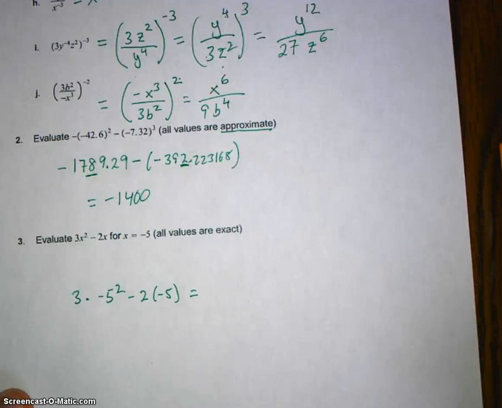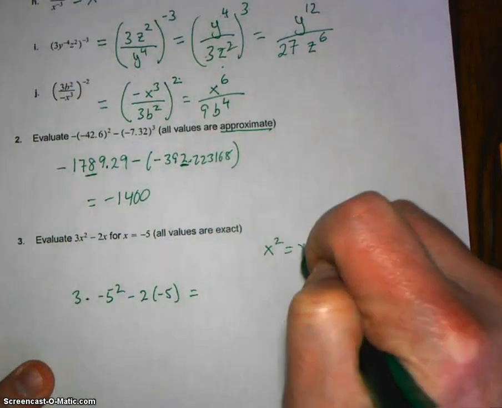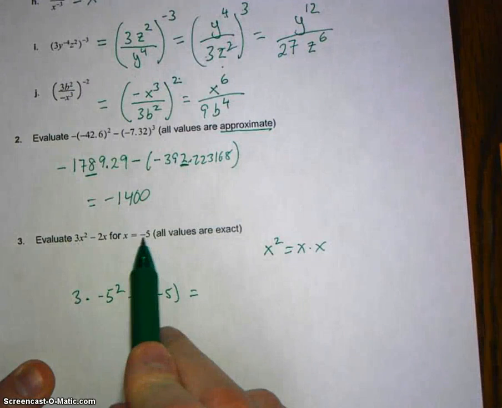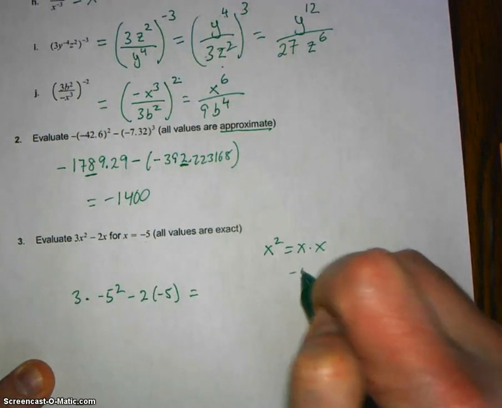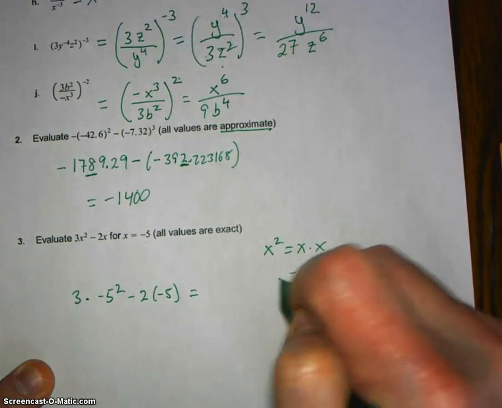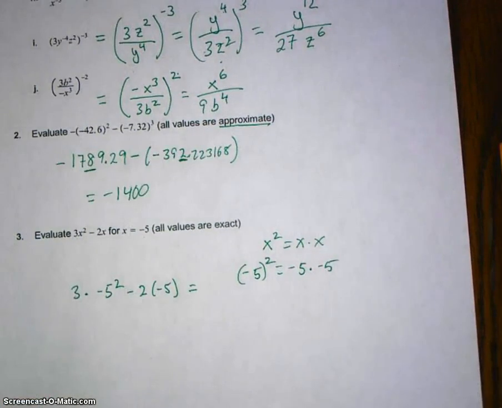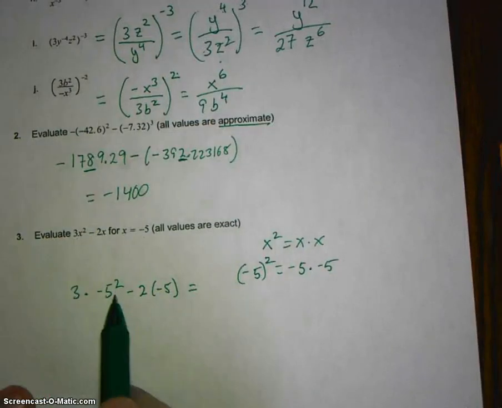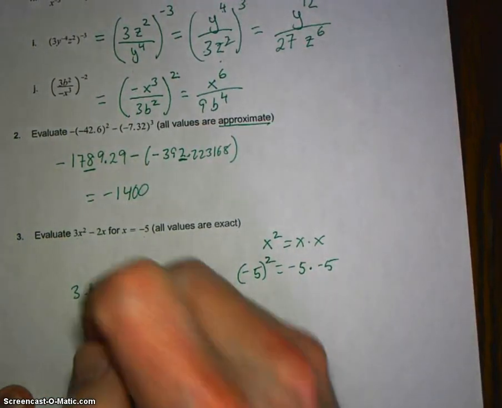And the reason is this x squared, of course, means x times x. So when I plug in negative 5, I need to do negative 5 times negative 5, which means over here, I need parentheses. Without the parentheses, again, the calculator does 5 squared and then does the minus.